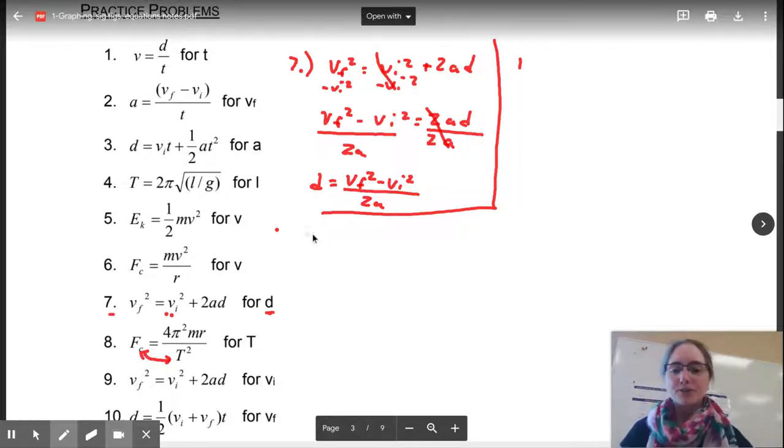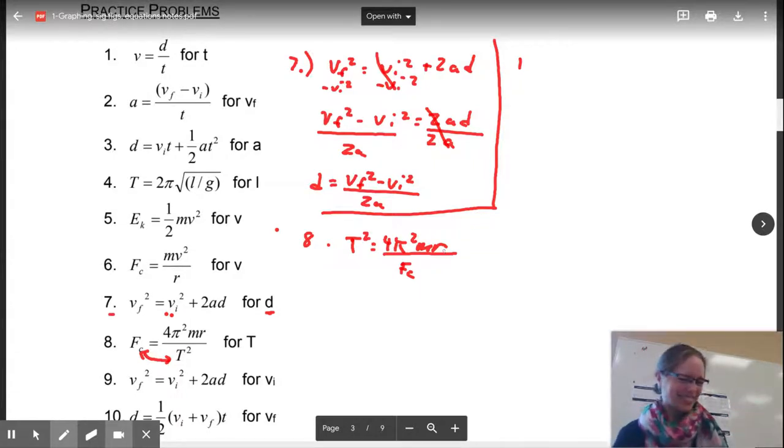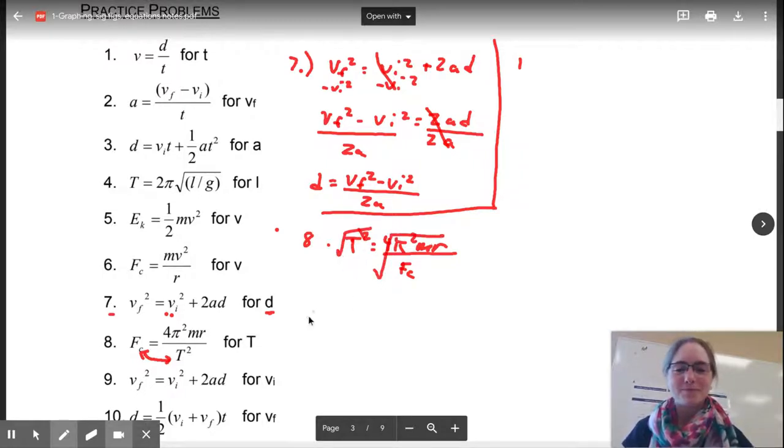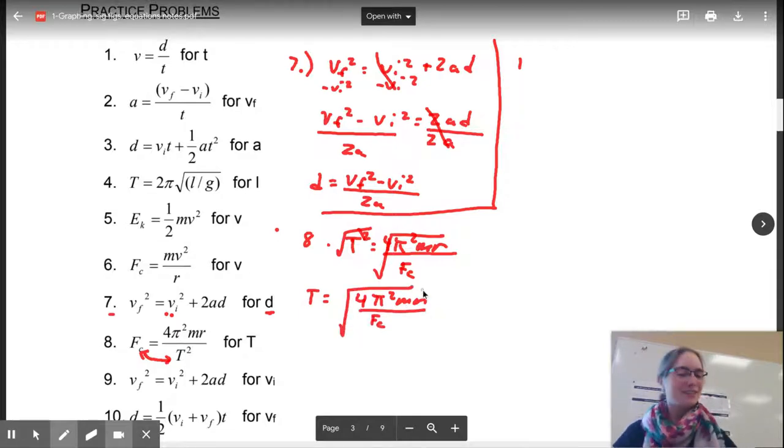So for number 8, once I trade those, I am going to wind up with T squared is equal to 4 pi squared MR over FC. We are so using that equation later. Now, ladies and gentlemen, we square root both sides to get rid of that square. So T is going to equal the square root of 4 pi squared MR over FC.